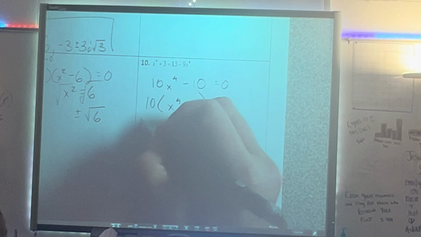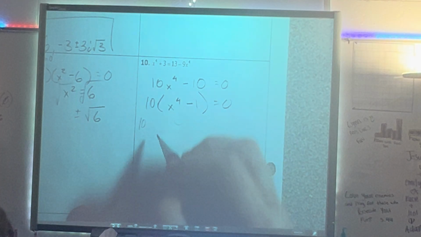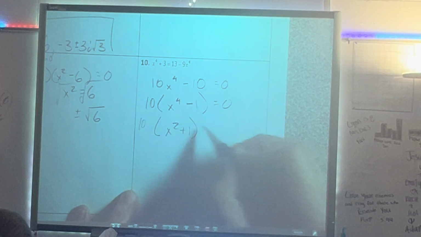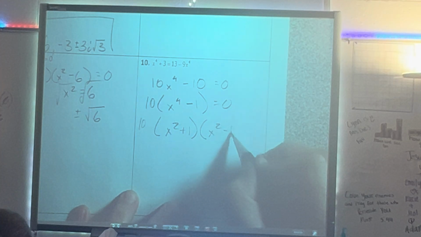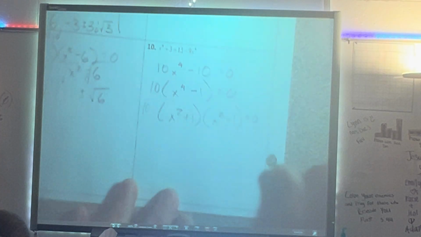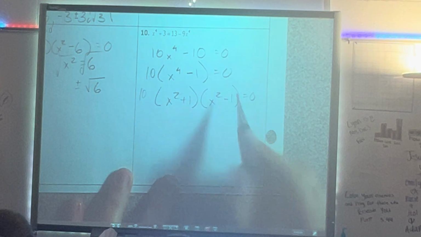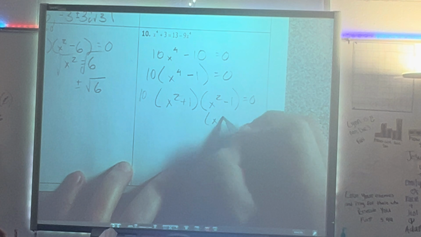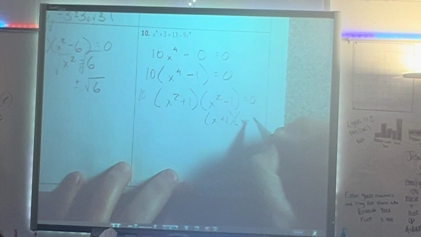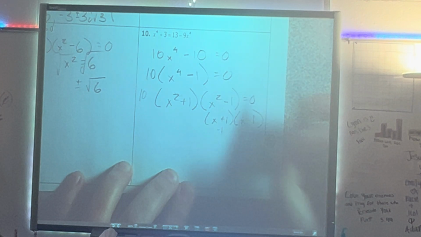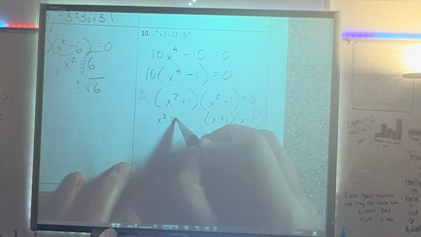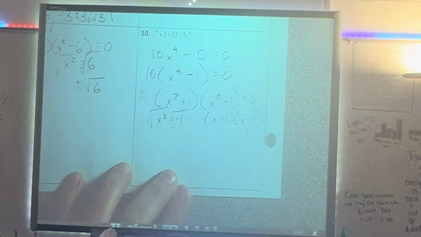So my 10 is still there, and essentially it's going to drop anyway. So then I've got x squared plus 1 and x squared minus 1. And yes, this factors to x plus 1 and x minus 1. If I needed it factored all the way, this one is going to equal negative 1, that's going to equal positive 1. This one is going to end up like this. Are y'all okay that that's what happens there?